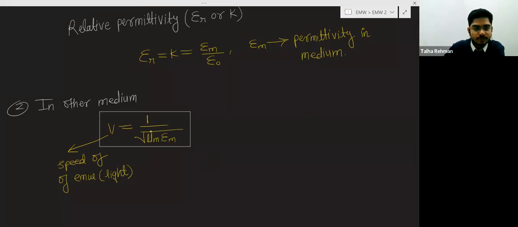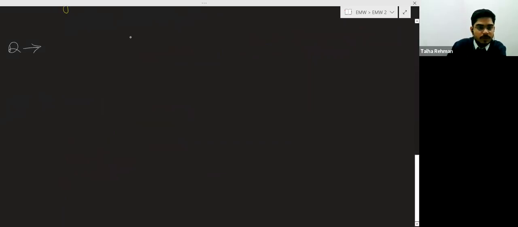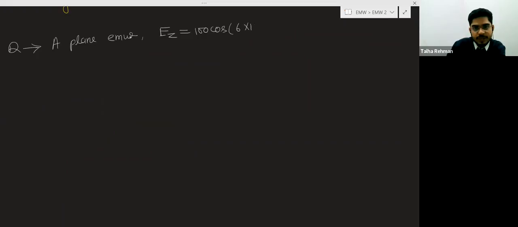Okay, so one question we will do. A plane electromagnetic wave is given that Ez is equal to 100 cos(6 × 10^8 t + 4x) volt per meter.